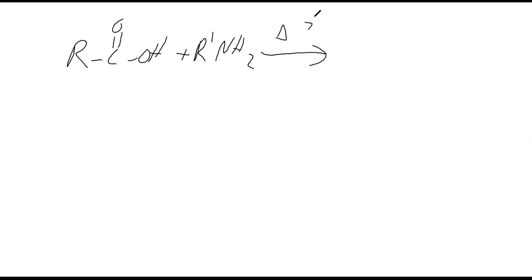So like 300 degrees, for example. We'll form an amide and water. This is how they usually do it on industrial scales. Not always as practical for us in the lab.